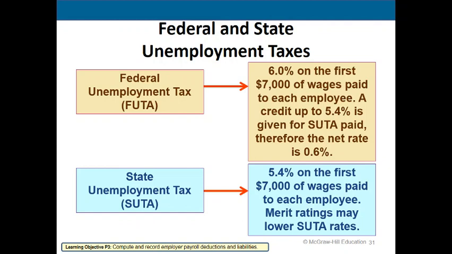So you can just assume in any problem that the state unemployment tax is 5.4% of the first 7,000 of wages paid to each employee, and that the balance of that 6%, or 0.6%, goes to the federal unemployment taxes.